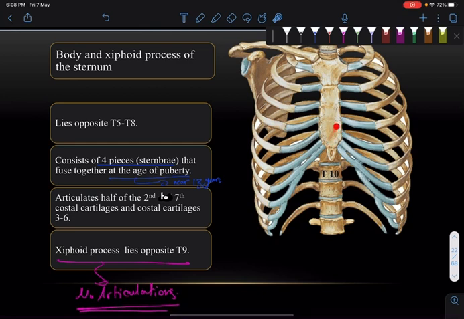بالحال الطبيعي consists of 4 pieces or 5 maybe بنسميهم sternebrae, okay, that fuse together at age of puberty اللي هو near to 13 years old.